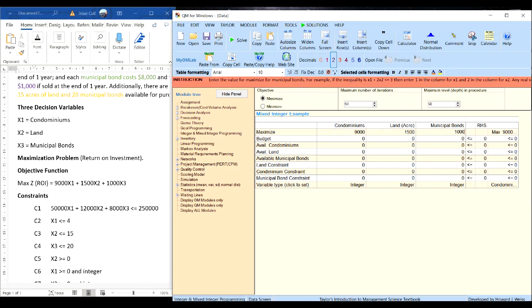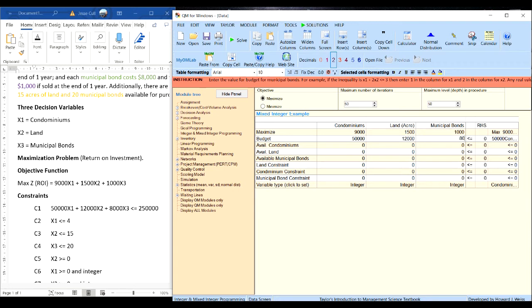Okay, next, budget. This is the first of our constraints. So we have to enter this appropriately. Budget in this situation, we know it's $50,000 to buy a condominium. We know it's $12,000 to buy land.